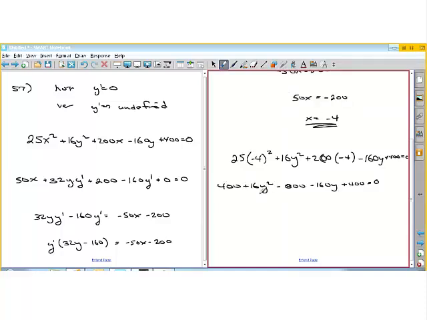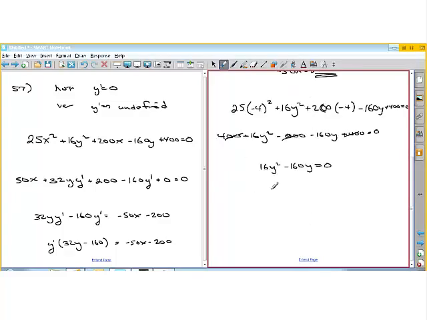The 400, 400 minus 800, those all cancel out. So you end up with 16y squared minus 160y is equal to 0. You can factor 16y out, so you get 16y times y minus 10 is equal to 0. So there are two solutions, y equals 0 and y equals 10.